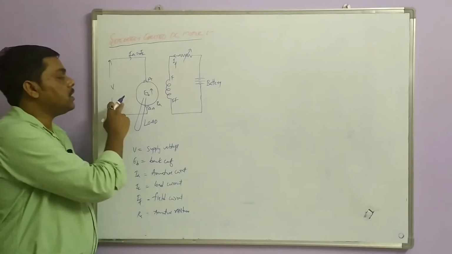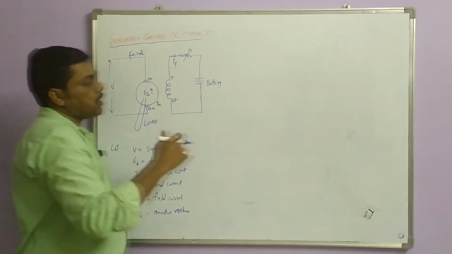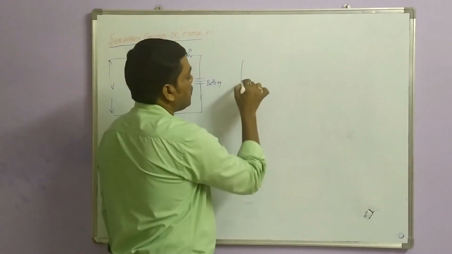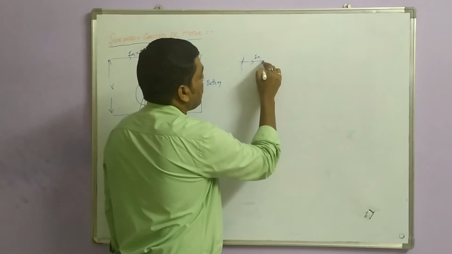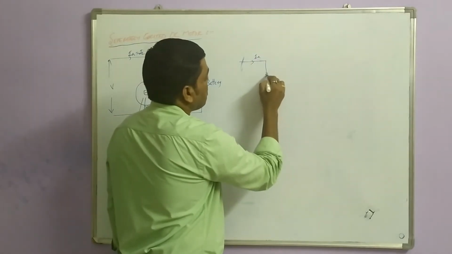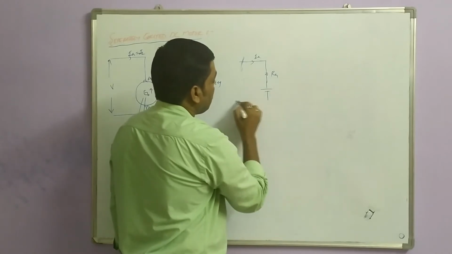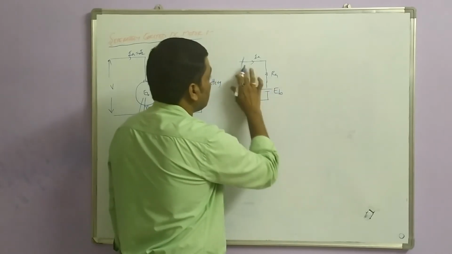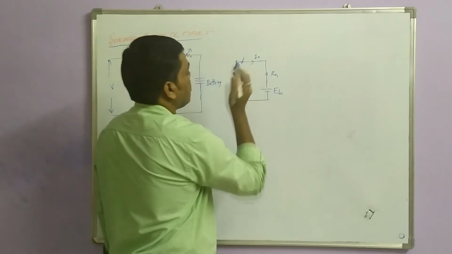This also acts as a source. Now you can take it as a simple KVL. This is IA, we have some resistance RA, this is the back EMF EB, and this is the applied voltage V.